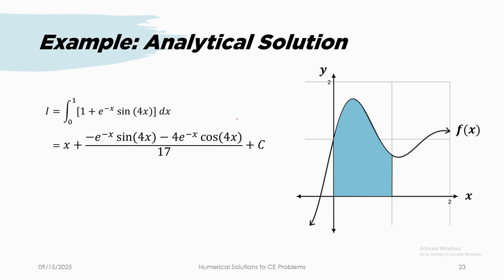How? We just use integration by parts, that's uv minus the integral of v du, u dv.